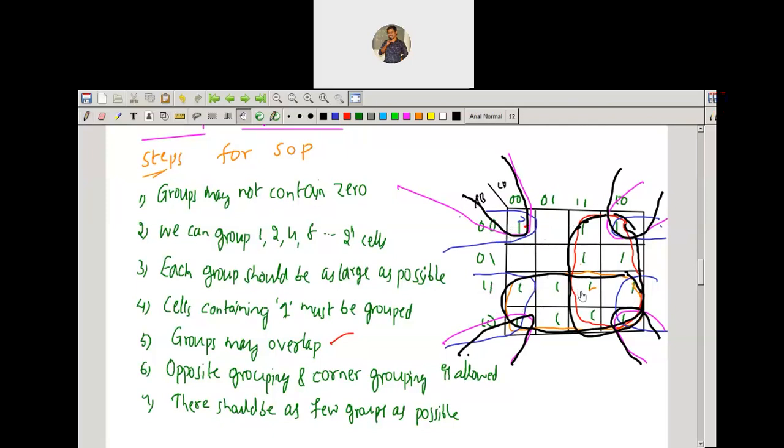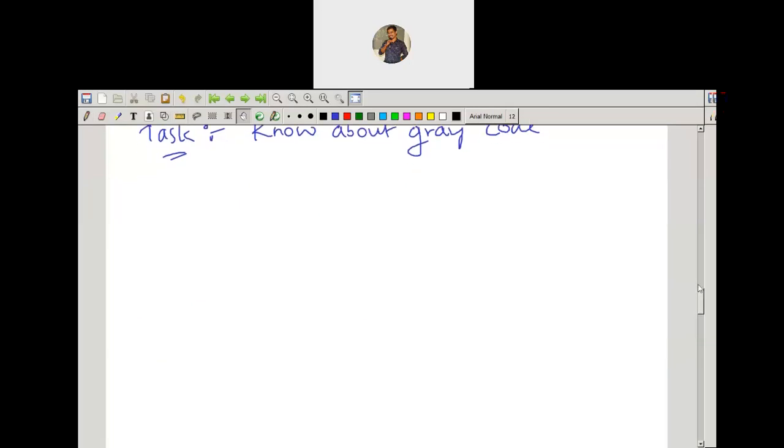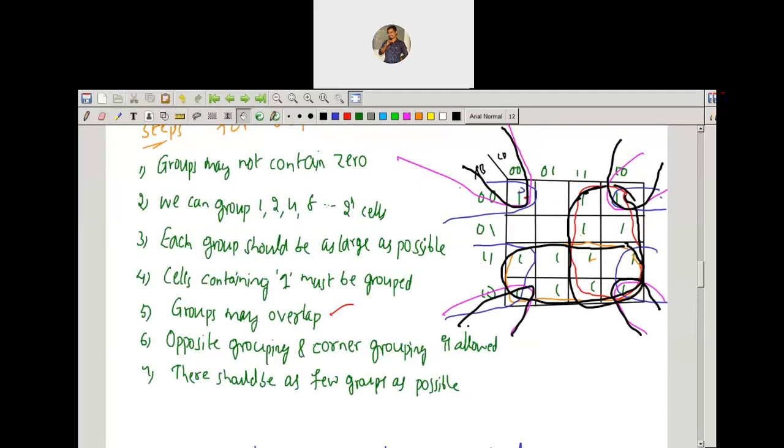After grouping the K map, we can write down the simplified expression. I will tell you how to write the simplified expression. Let me explain the writing of expressions.